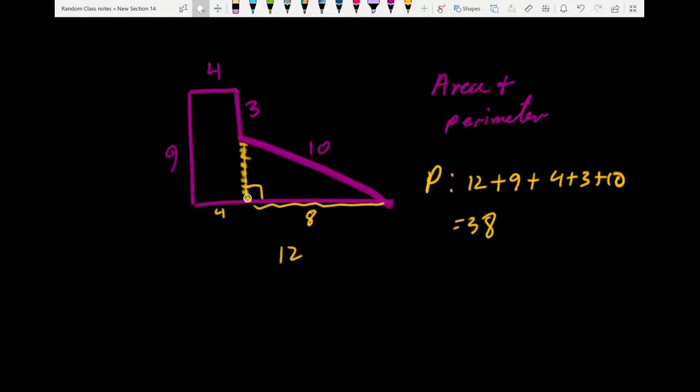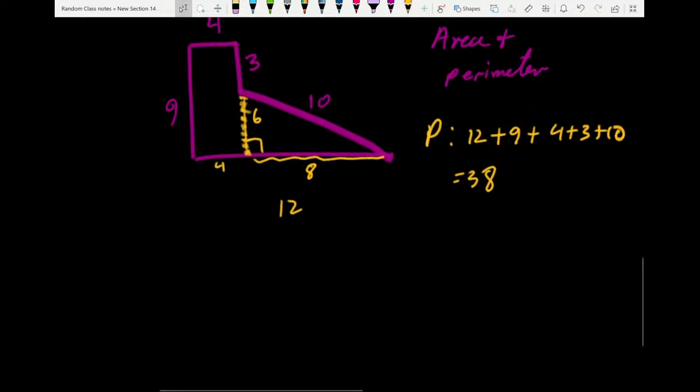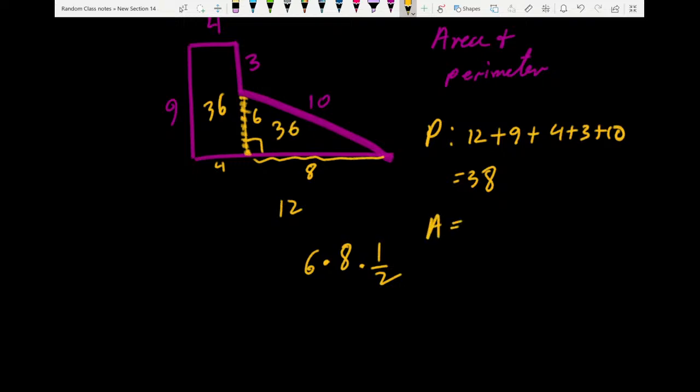If the whole thing is 9 and this is 3, this is going to be 6. So the area would be 4 times 9, 36. And then the area would be 6 times 8, but times 1/2. And we add these two numbers. 36 plus 36, which is 72.